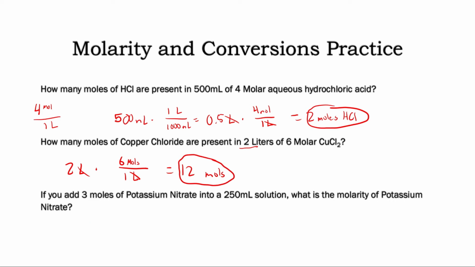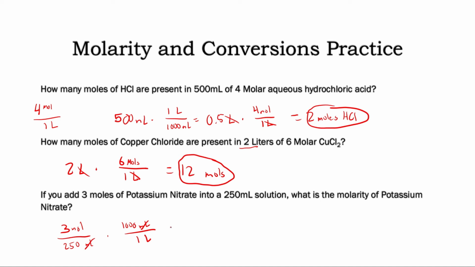So in this case, we have 3 moles per 250 milliliters. Now, we're going to want to convert this milliliters into liters. So we'll do 1,000 milliliters per 1 liter. Milliliters cancel.